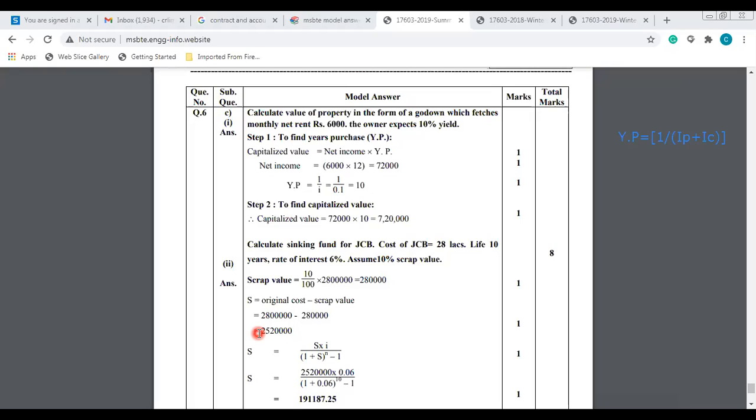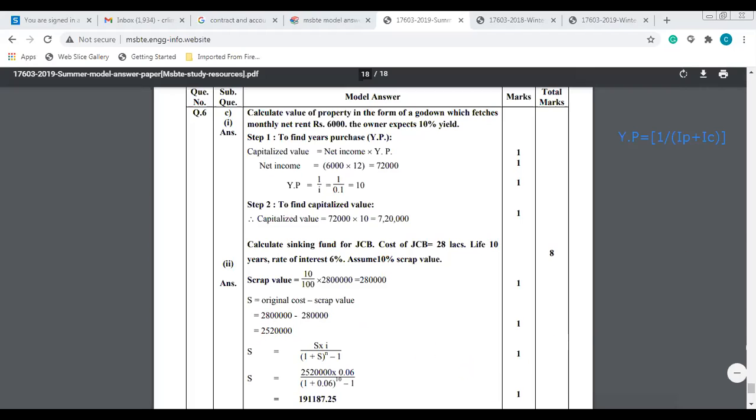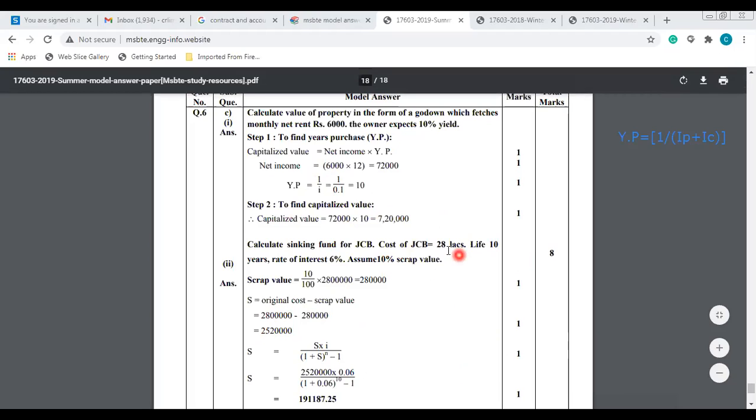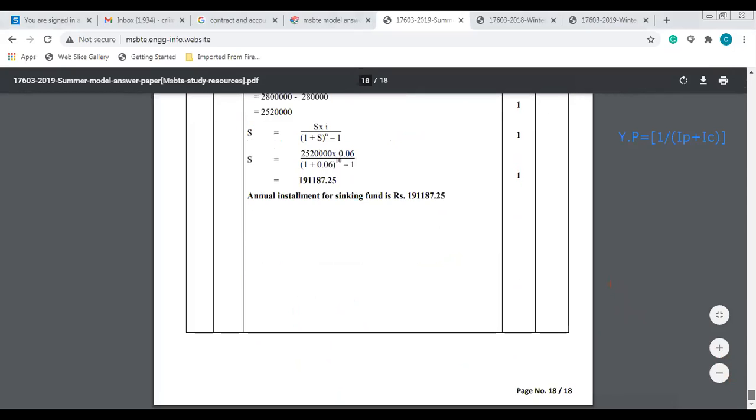Life of the structure is given as n equals 10 years, so n equals 10 minus 1, so the sinking fund comes to 19 lakh 1187 rupees. This simple problem is asked for a total of 4 marks.